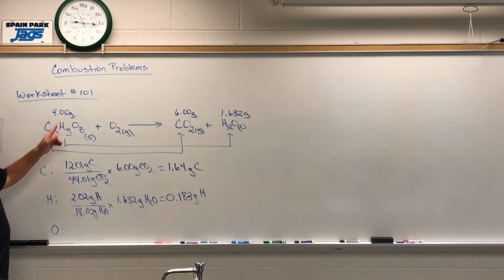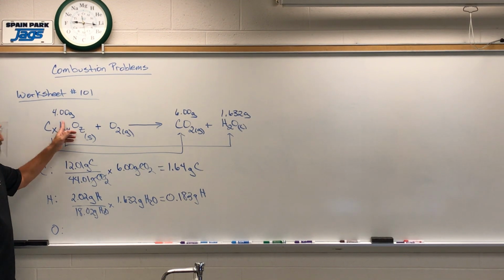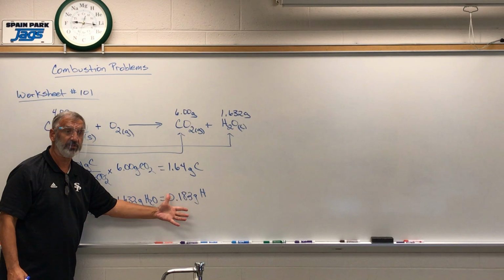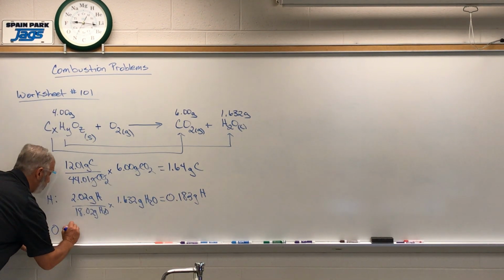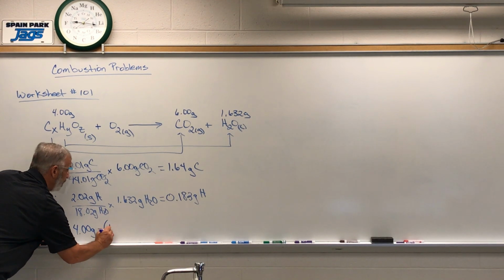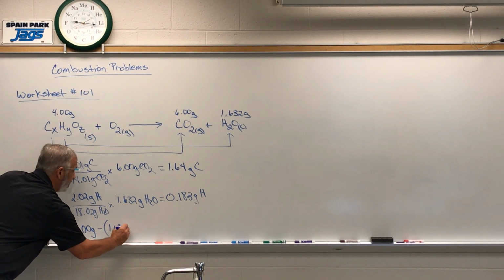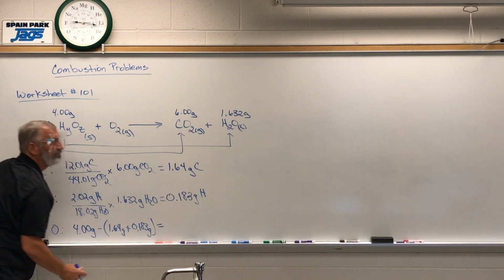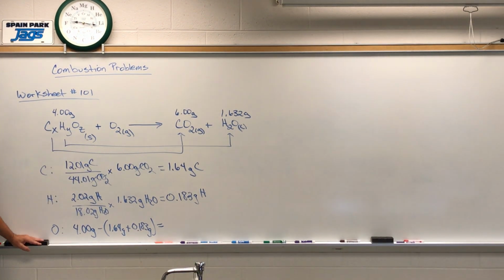Exactly right, because this whole thing weighs 4. We now know how much the carbon and the hydrogen weigh, so the rest of it must be the oxygen. So we simply subtract. And so we do exactly what Paul said, 4 grams minus 1.64 grams minus 0.183 grams, same thing Paul said, just written in a slightly different way. It doesn't matter if you just want to do the minus and the minus.